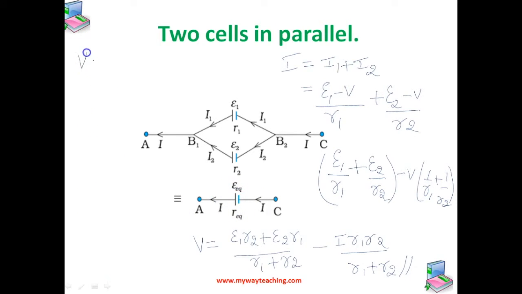Then we can write V is equal to EMF equivalent minus I R equivalent.